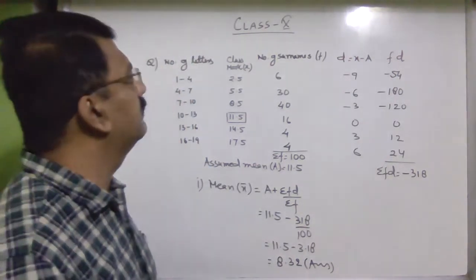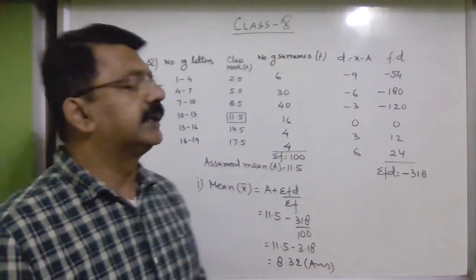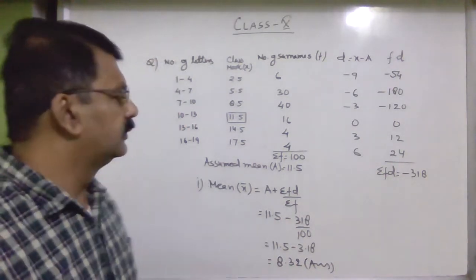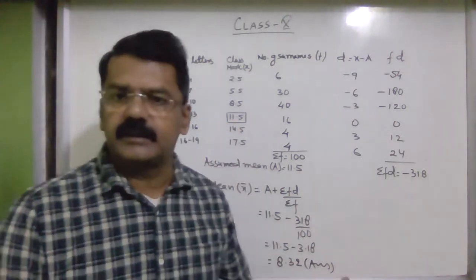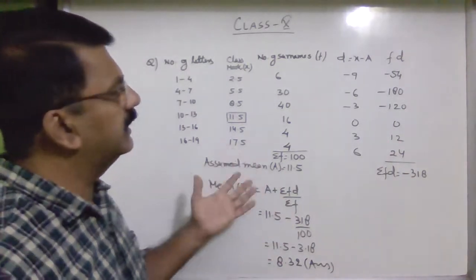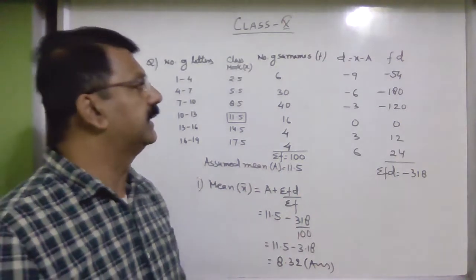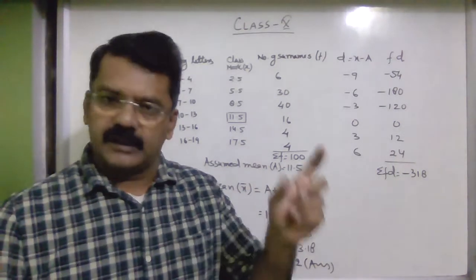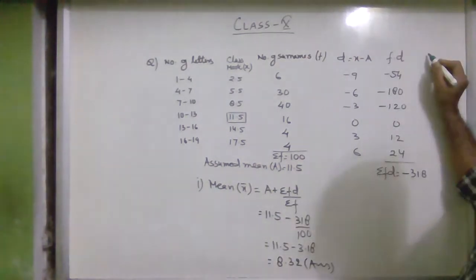To calculate the median, we need cumulative frequency. You know that to calculate the median we need cumulative frequency. So we can make another table to find the median, but here in this particular table I'll include the cumulative frequency also. So this is the cumulative frequency.